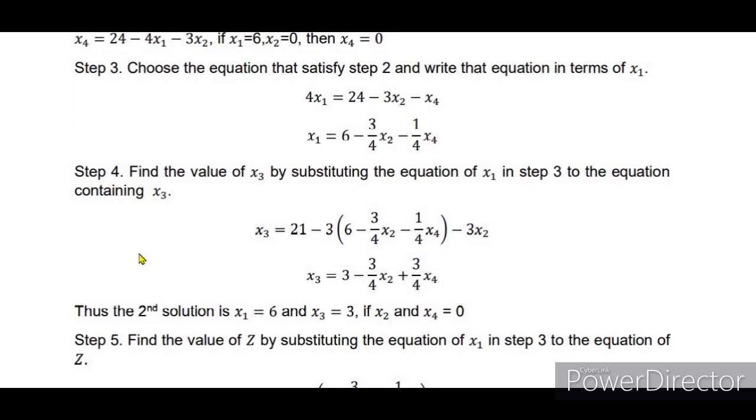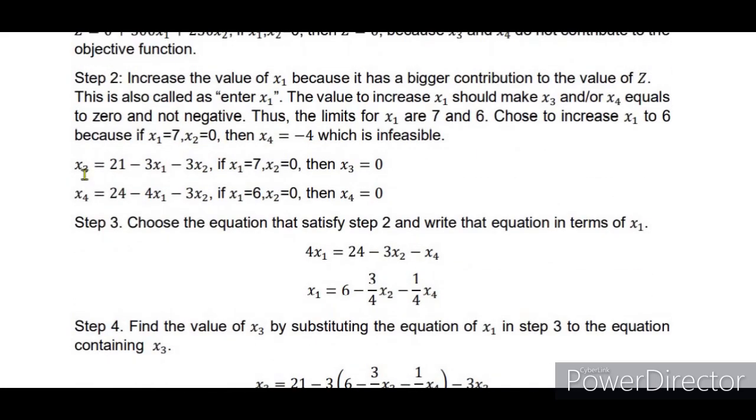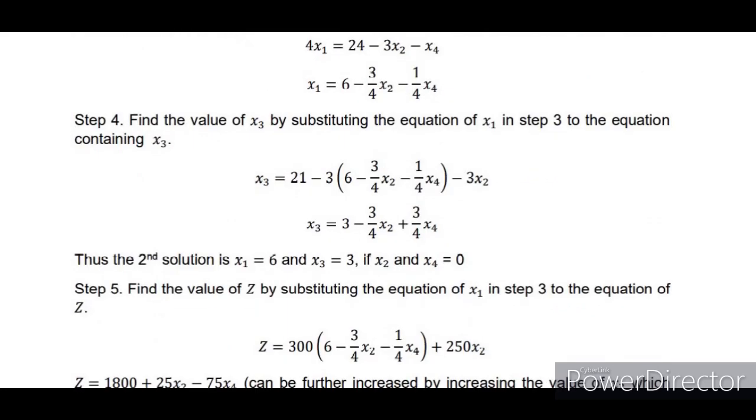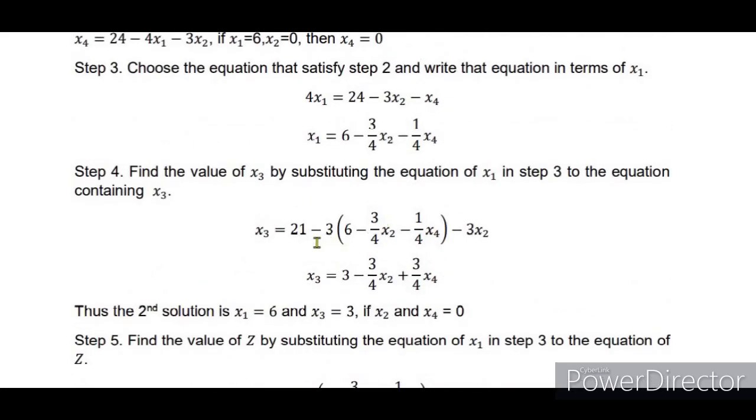Find the value of x sub 3 by substituting the equation of x sub 1, which we got in the previous equation in step 3, to the equation containing x sub 3. So the equation containing x sub 3 is the first constraint. Okay, so we write the first constraint, then we substitute x sub 1 with the equation that we got from step number 3.